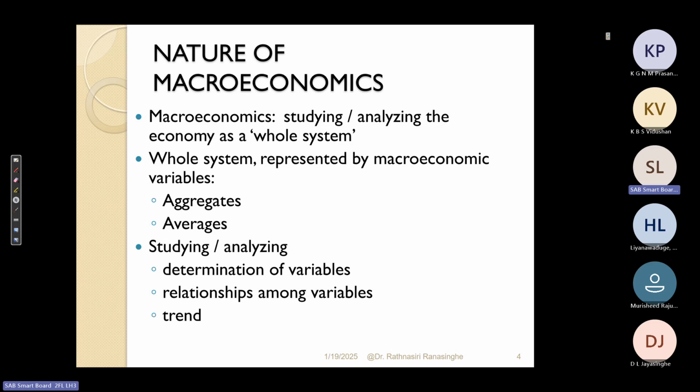So the policy is designed in such a manner to control these variables. On one side we look at the behavior of the macro variables, and also the policies. That's why we say it's a policy oriented part.